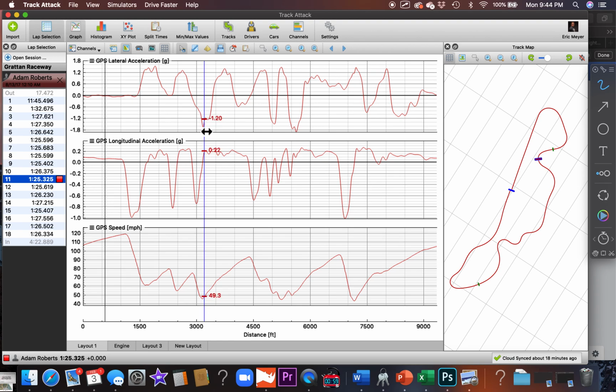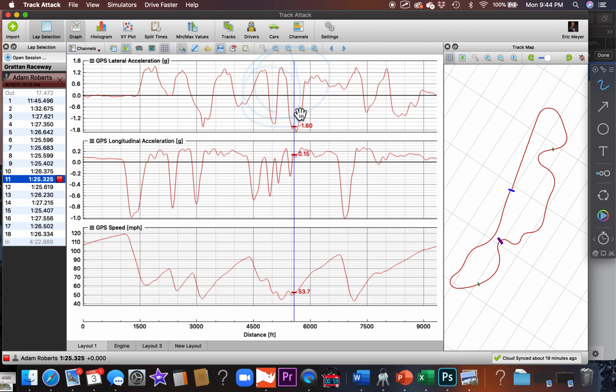See that big peak? That is pretty much at or near the apex. See this one right here, and then right here, and right here. Again, I'm going from track map to this graph right here. When I say track map, look over here. When I say lat trace, look over here. Ready?